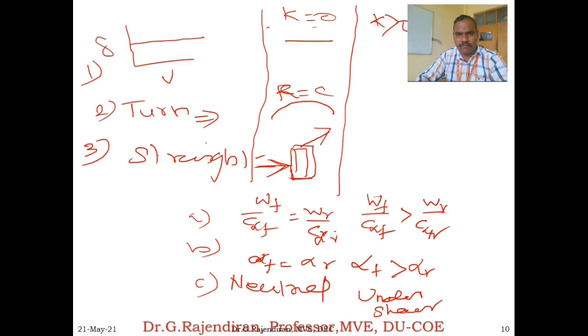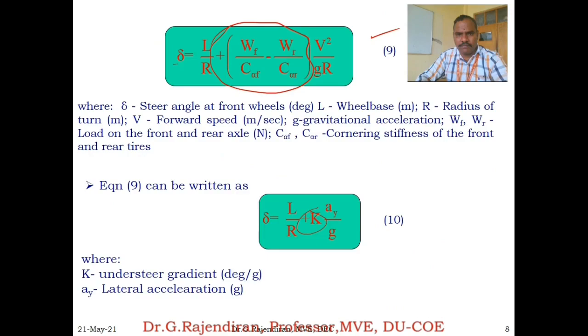Now when K is greater than 0, from equation number 9, the steer angle increases with the square of the vehicle speed. This term is positive. Then when the vehicle speed increases, the steer angle delta increases with the square of the vehicle speed.